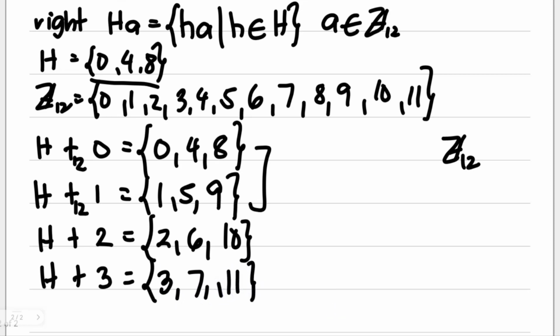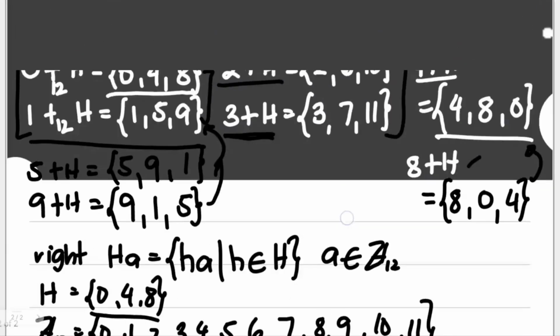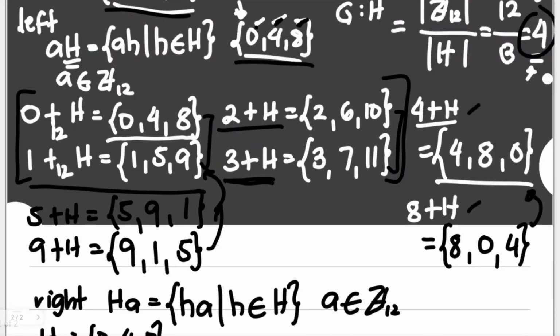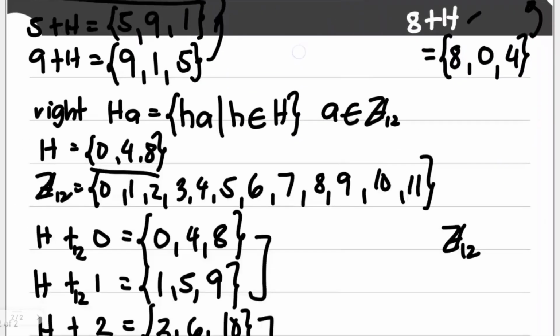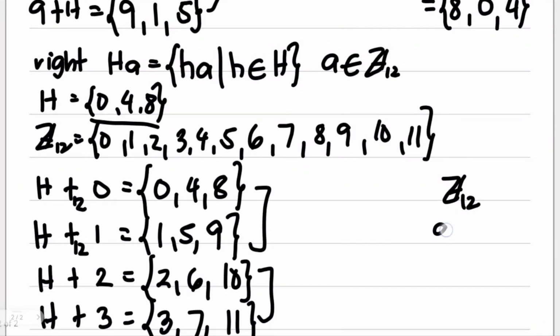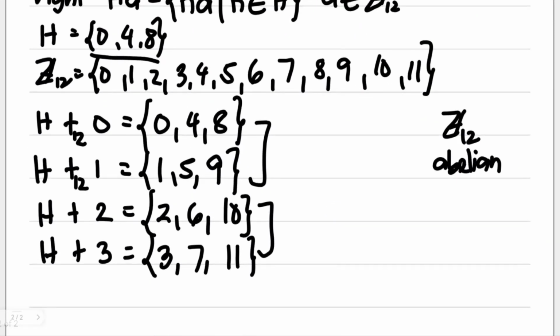As you can see, these are also the same as the third and the fourth left cosets. So because our group is abelian, there is the concept of commutativity, and the left and the right cosets are just the same.